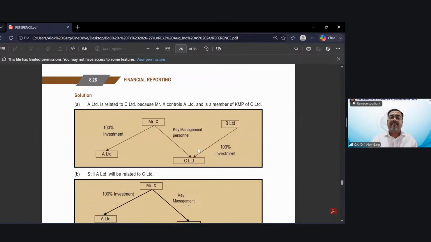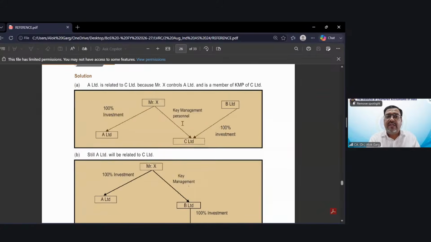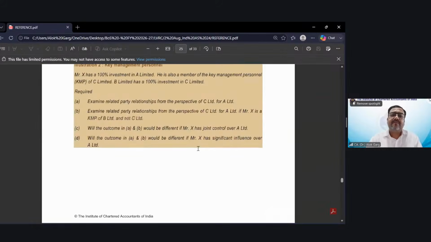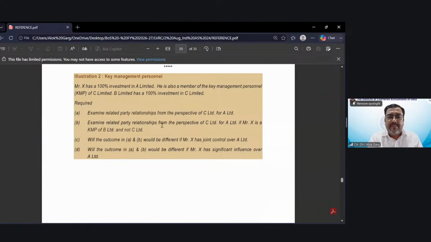You can see there, Mr. X has investment control over A Limited and Mr. X is a KMP of C Limited. So A Limited is related to C because Mr. X controls A Limited and is a member of the KMP of C Limited. So they are related parties.